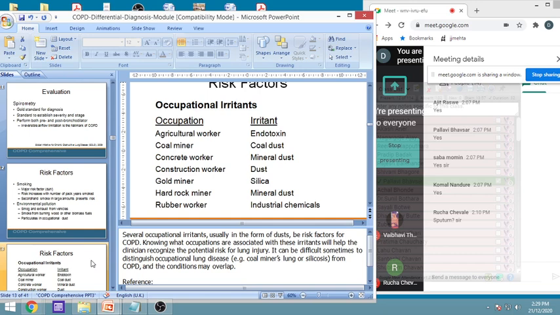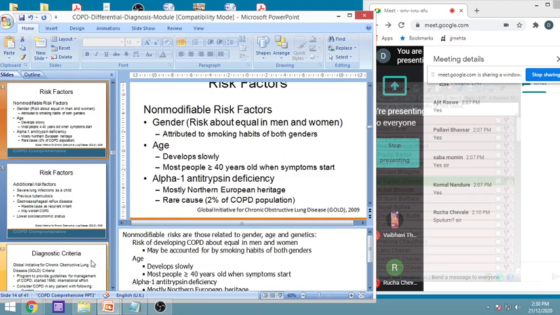People working with irritant endotoxin, coal dust, mineral dust, dust of any kind including silica, for example in marble mines or marble cutting places, or industrial chemicals are at very high risk because these particles go through their respiration and affect them.